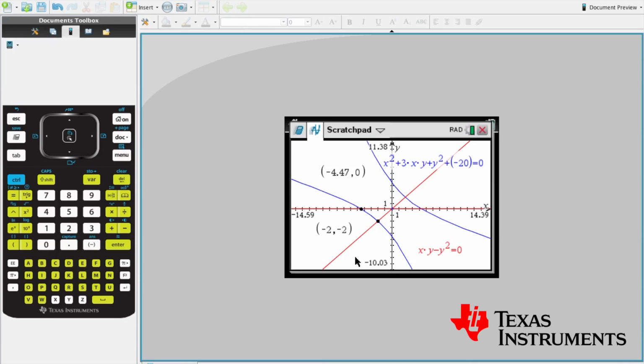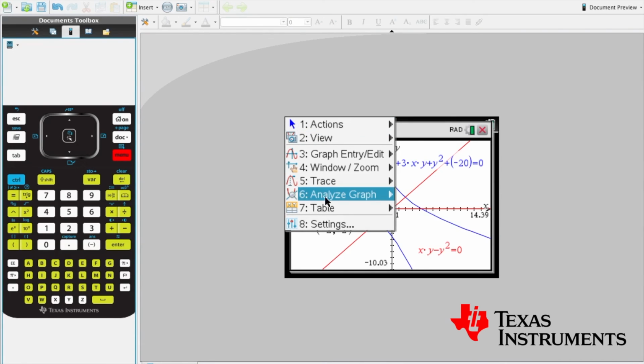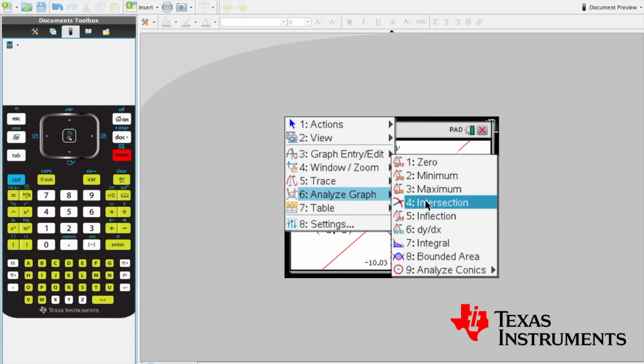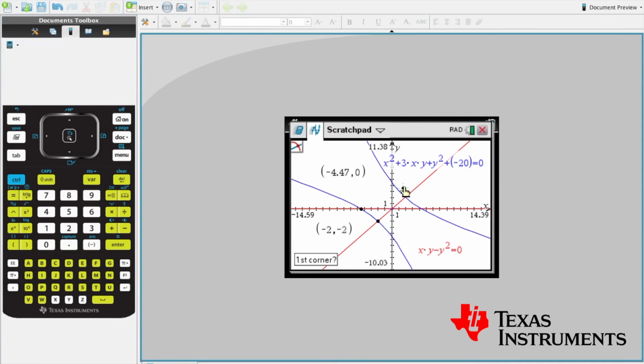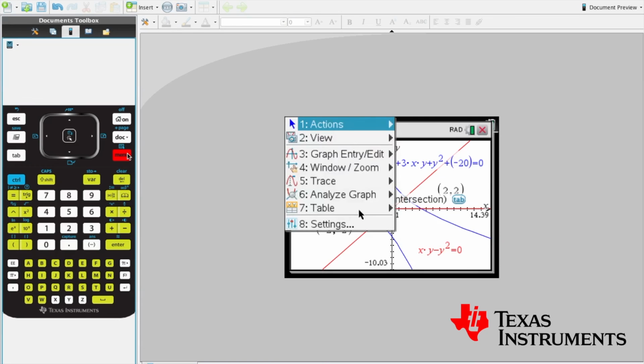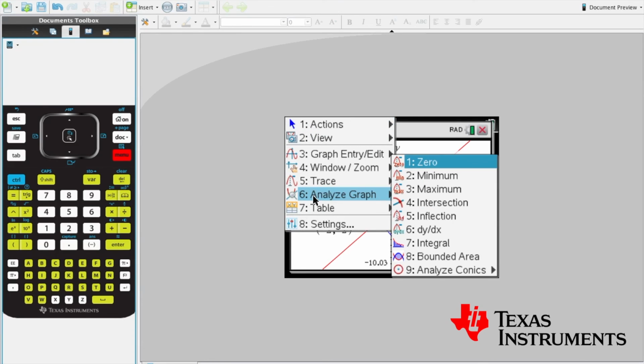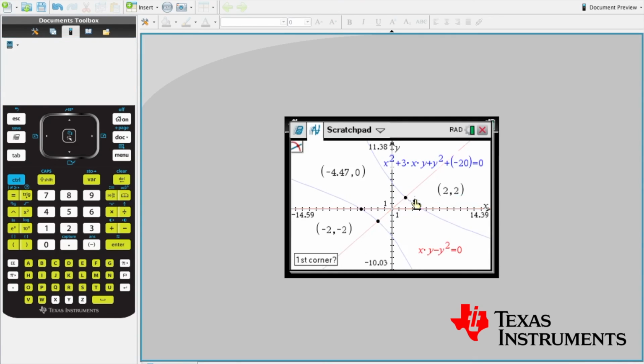I'll put that there. And our next intersection, we'll have menu, analyze graph, intersection. We'll create the corners where we should find our intersection. I will put a point there. We found an intersection there, and we found a point at (2, 2). And finally, for our last intersection, menu, analyze graph, intersection, and then creating that box area that we'll use to find our point of intersection.